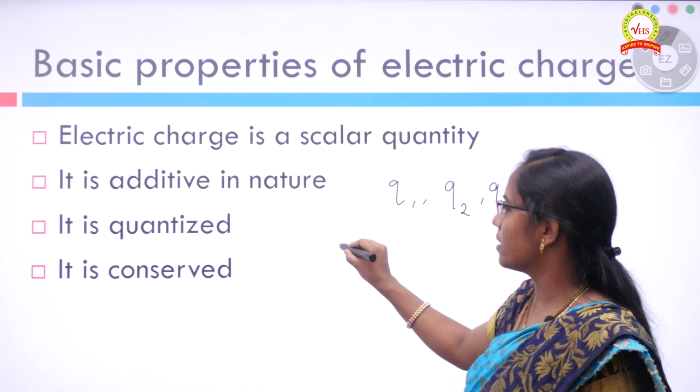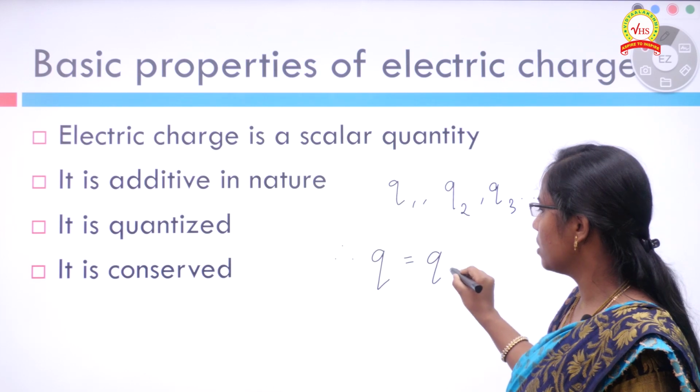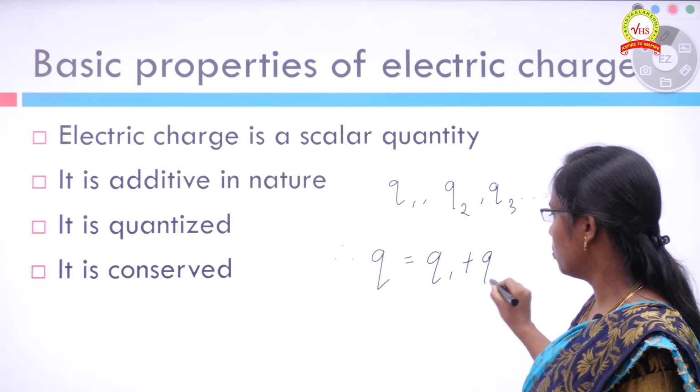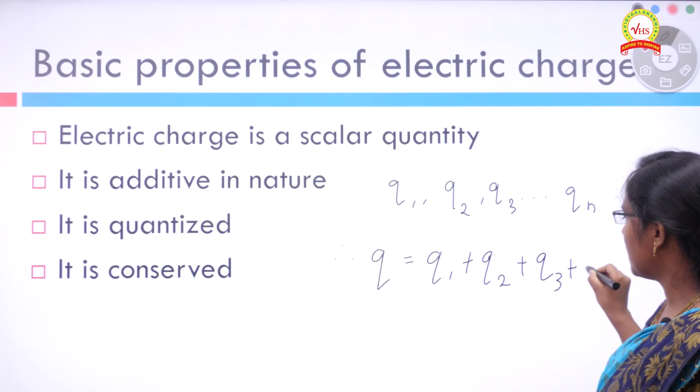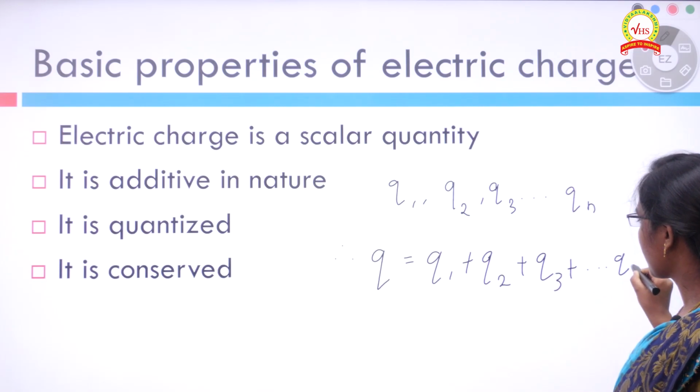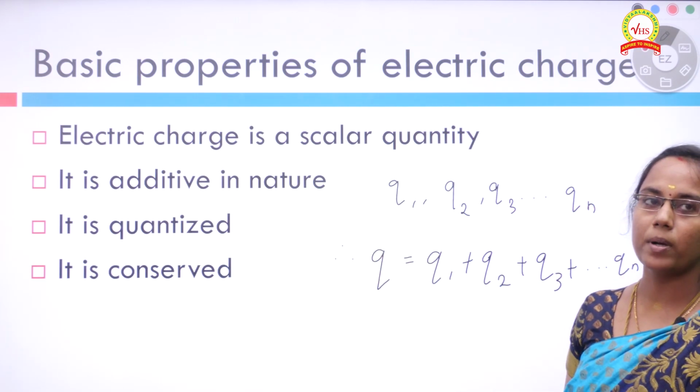So, we can write Q equals Q1 plus Q2 plus Q3 plus Qn. So, this is the understanding of the second property.